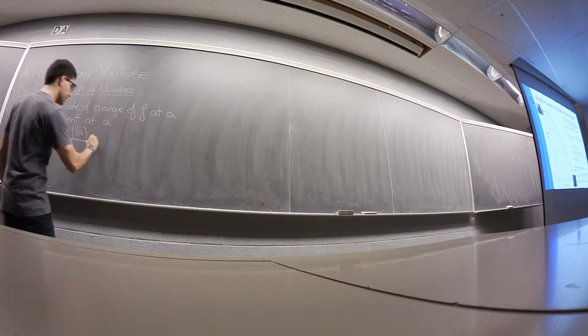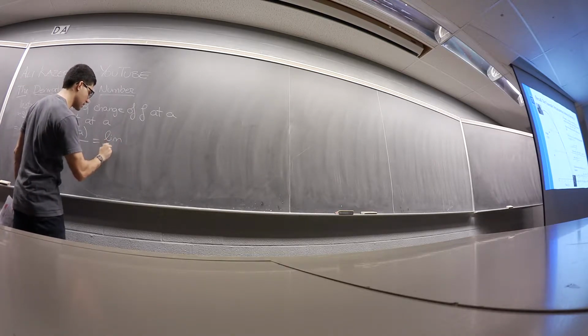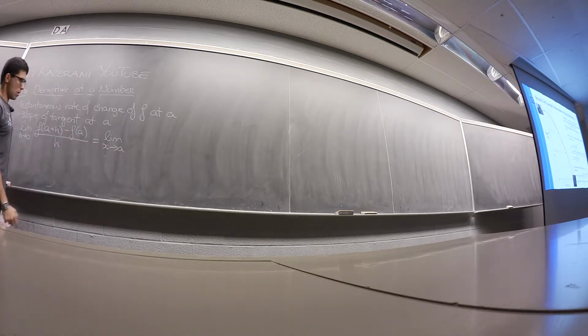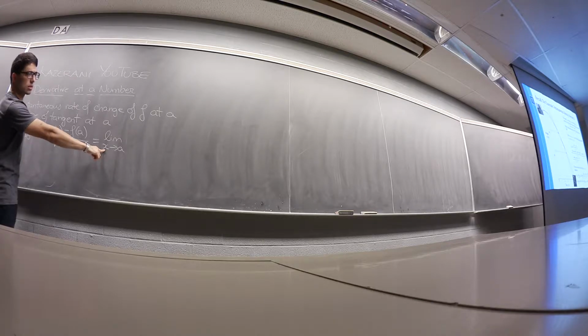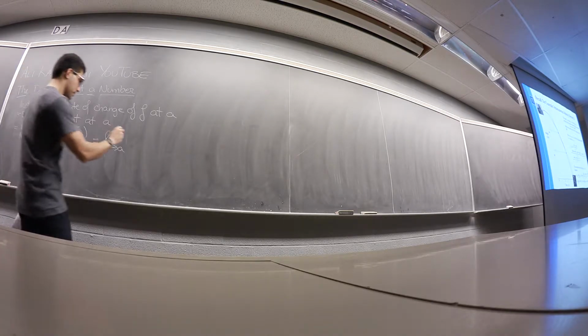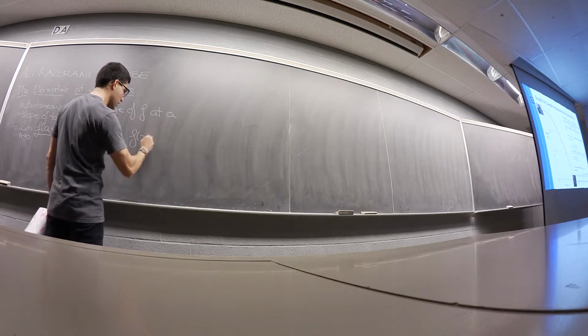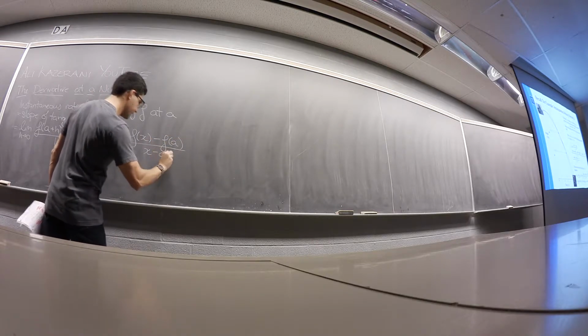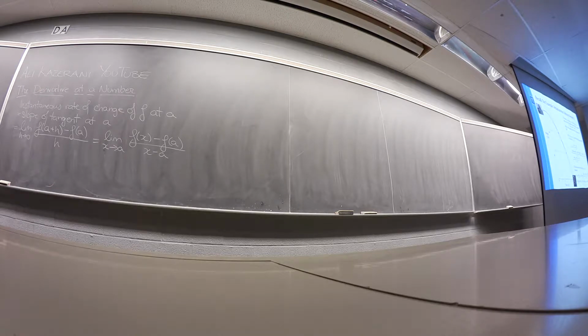Or equivalently, the limit as x approaches a, I used to call that x star or t star or something like that, of f at x minus f at a over x minus a. Okay? Just what we talked about, only I'm calling it f instead of position. And some of the t's changed to x's and so on. Okay?